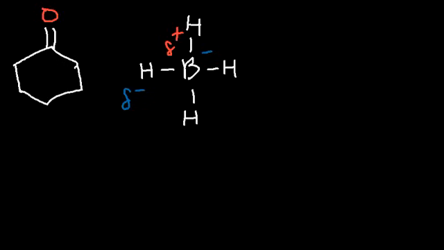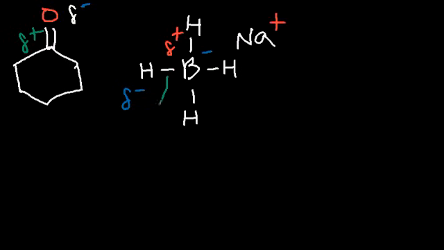Now it's important to understand this because the carbon atom that is attached to the oxygen bears a partial positive charge. Since oxygen is more electronegative than carbon, oxygen bears the partial negative charge. So the hydride ion is attracted to the carbon of the carbonyl. Now the negative formal charge of the boron atom is balanced by the positive charge of the sodium ion.